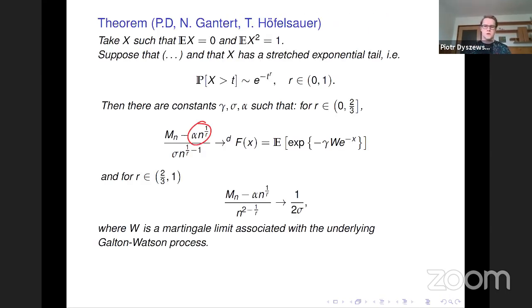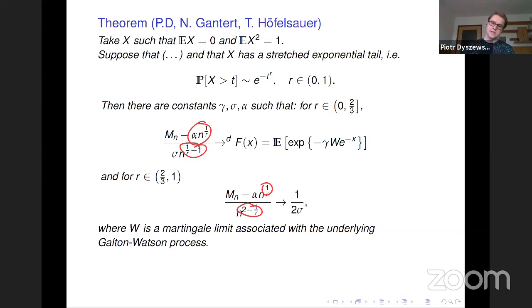First of all, my aim here is to somehow explain where these exponents are coming from, and where this different type of behavior is coming from. But most importantly, I do want to give you some idea of how you can use the heaviness of your tails to your advantage when you study branching random walks.